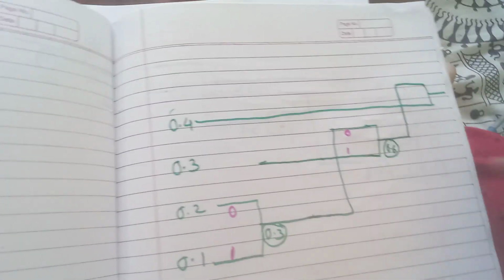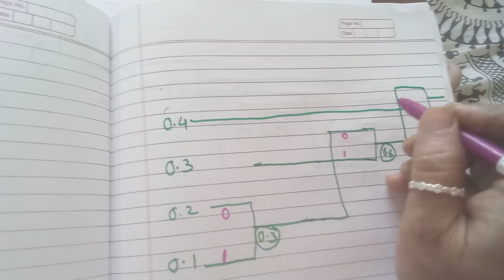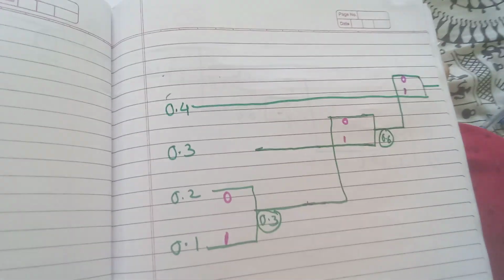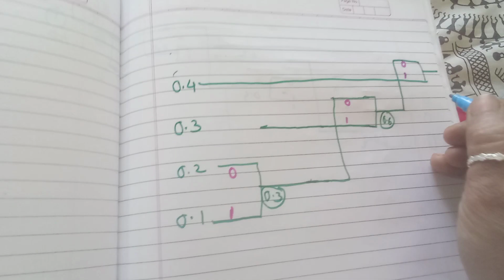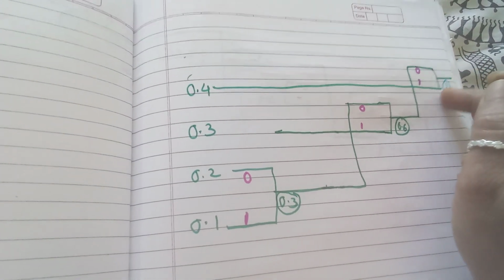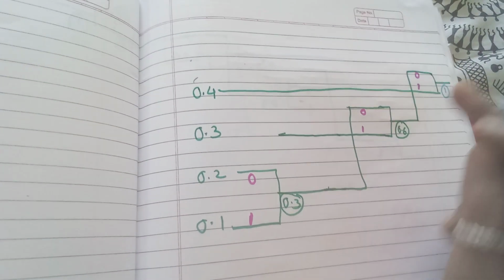Now the addition of 0.4 and 0.6 is 1. So higher is 0 and lower is 1. Addition is 1. Don't get confused with this one, because this is the addition's 1.